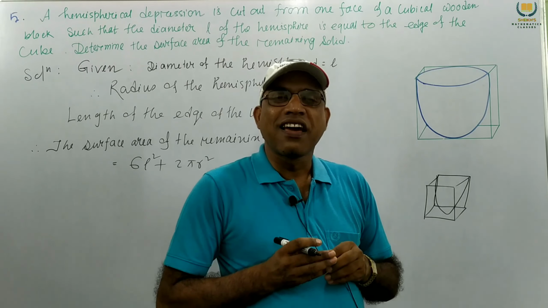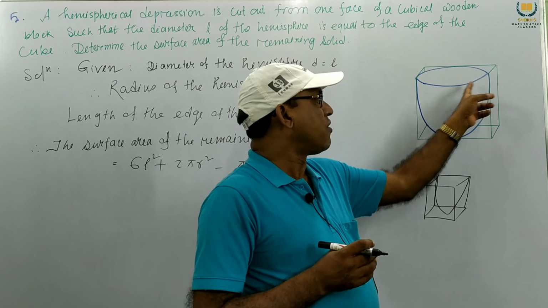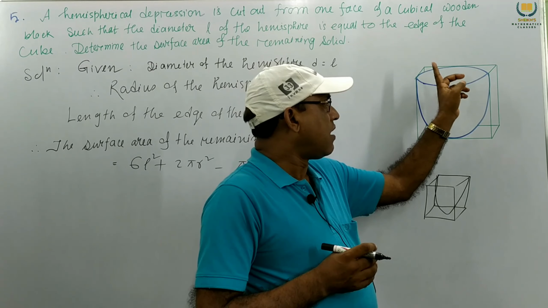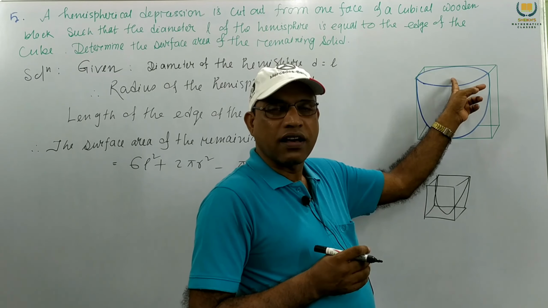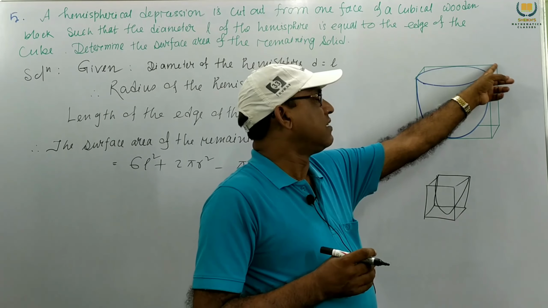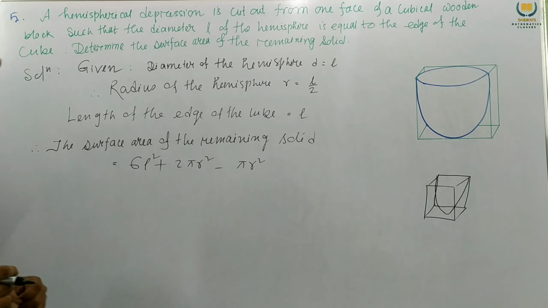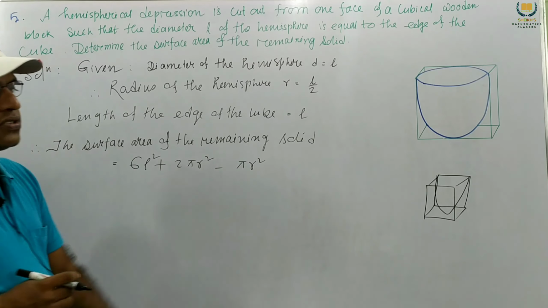So the total surface area of the cube is 6L square, and the surface area of the hemisphere is 2 pi r square, but this portion is common to the hemisphere and this is for the cube. So we subtract pi r square.